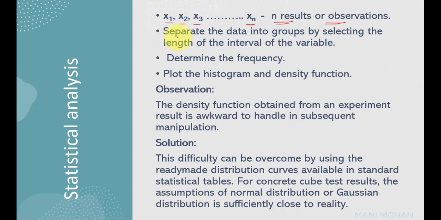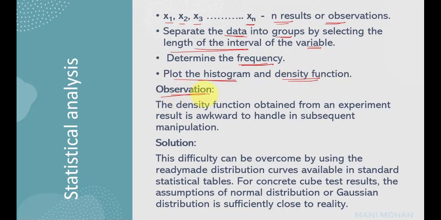Separate the data into groups by selecting the length of the interval of the variable. Now find the number of values of the variable which fall in that group, that is, the frequency. Now plot the histogram and density function.